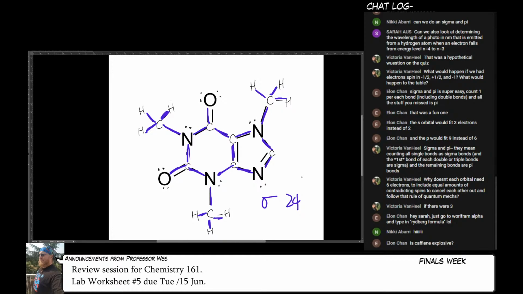So there are 24 sigma bonds in this molecule, presuming that I haven't missed a connection here. And then I can do the pi bonds because that's everything else that's left. So 1, 2, 3, 4. A lovely sea green there. So there you go. That's how you count sigma and pi bonds.